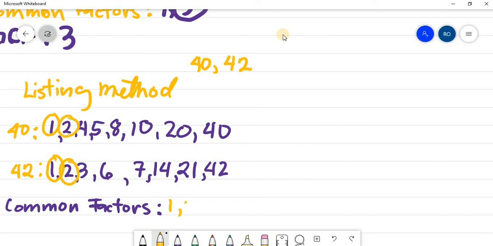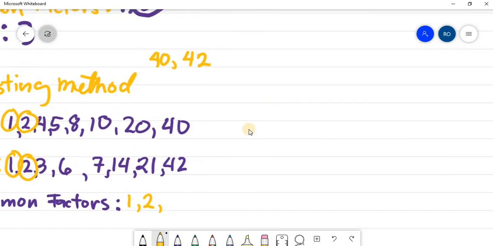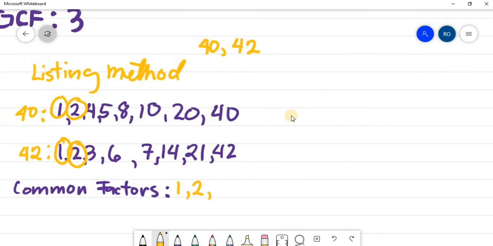They have the same 2 as their factor. 4, 5 is not a common factor. 8, 10, 20, and 40. So their common factors are 1 and 2 only. So obviously, as you can see, the biggest common factor or the greatest common factor is 2.